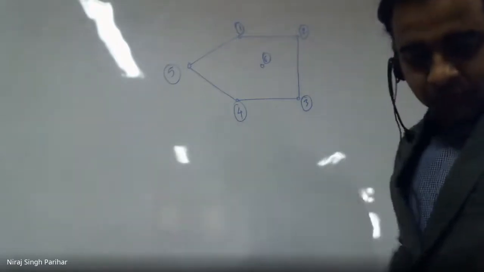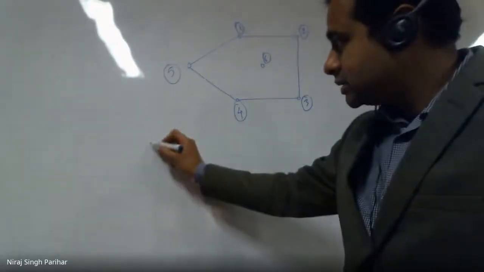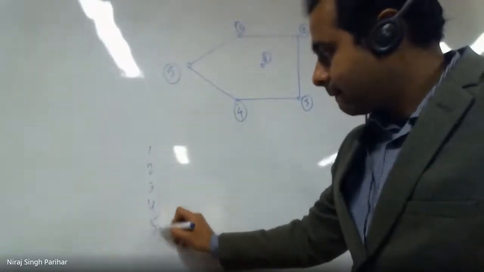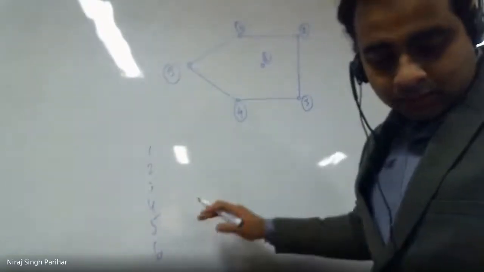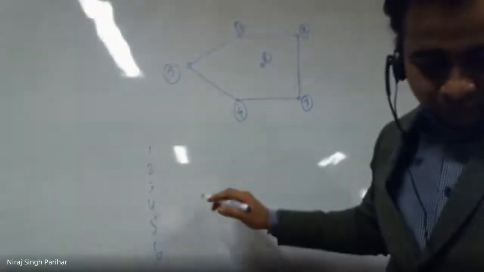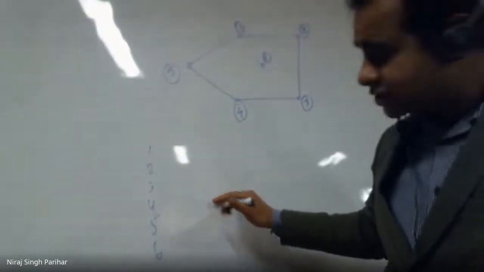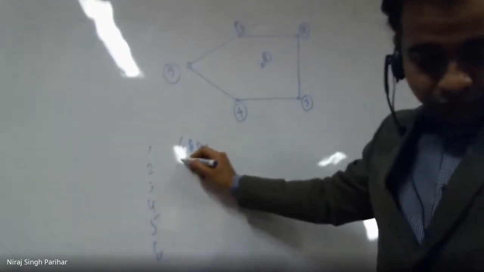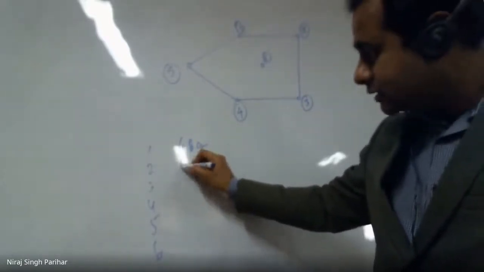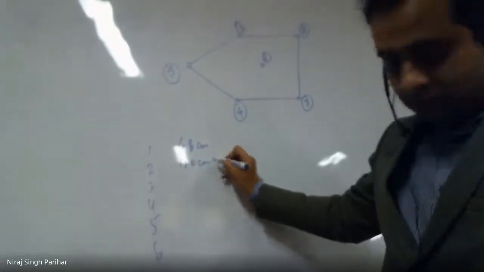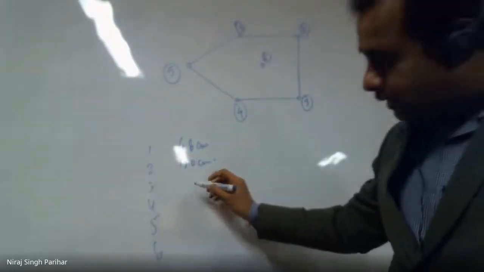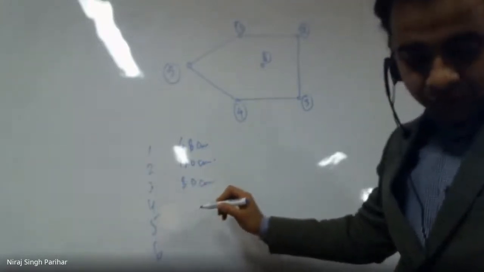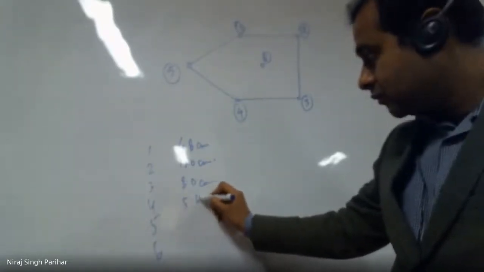Now the rainfall values at each station are given. Station number 1 we have 4.8 centimeter. Station number 2 we have 13 centimeter. Station number 3 we have 8 centimeter. Station number 4 we have 5.4 centimeter.